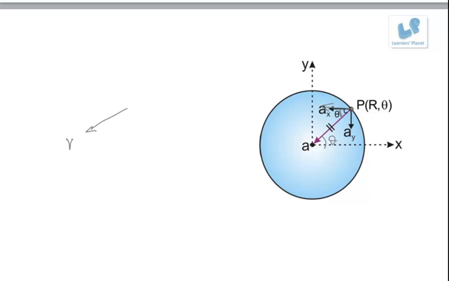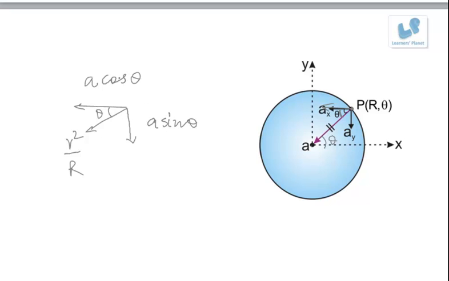So this acceleration v square by r will have two components, one is this, another is this, and this angle is theta. So this is a cos theta and this is a sin theta.